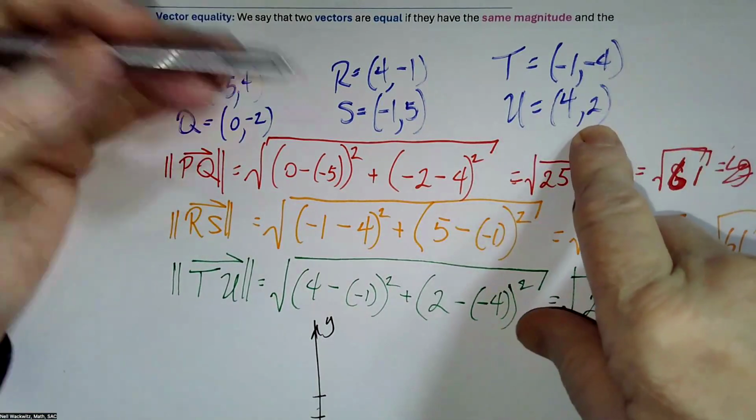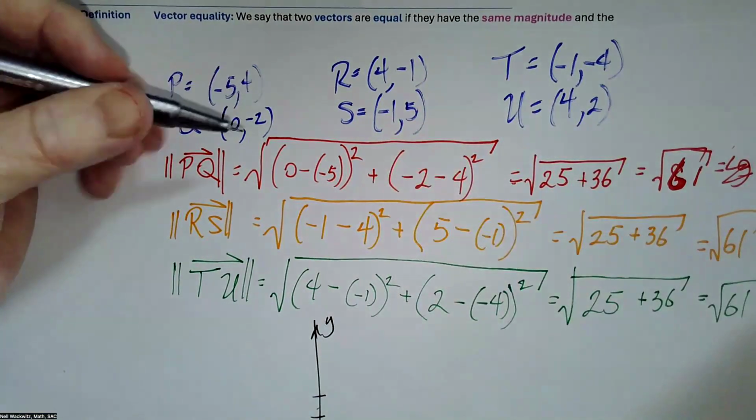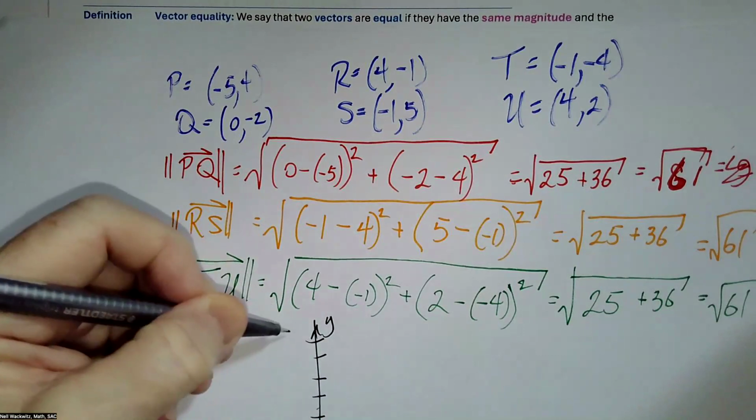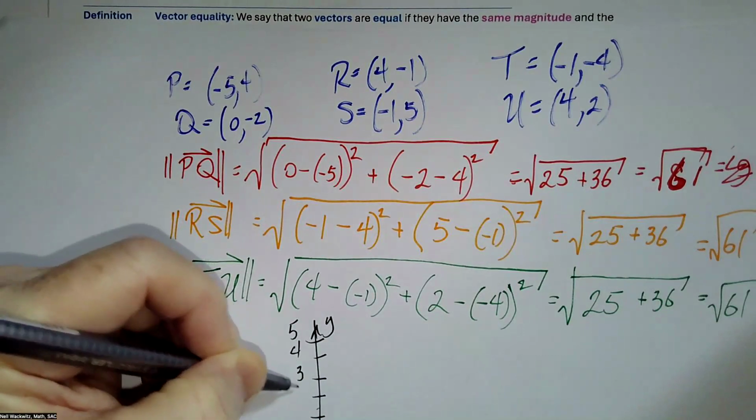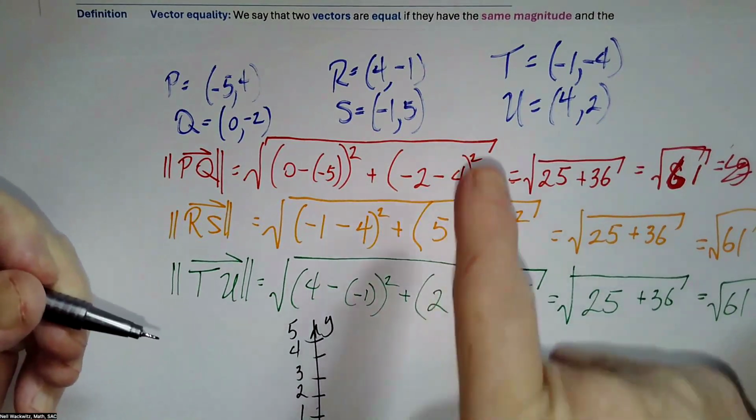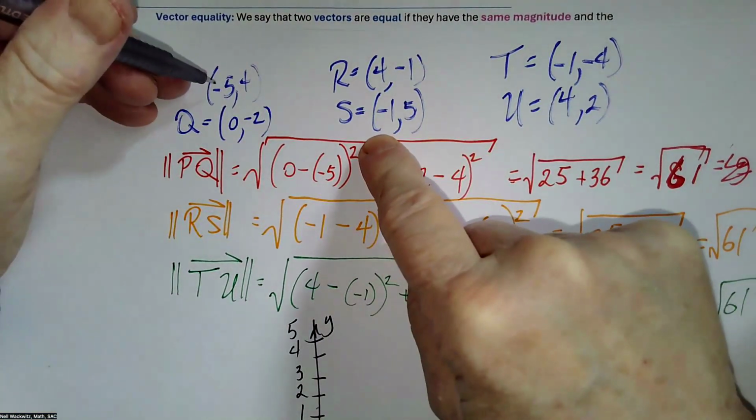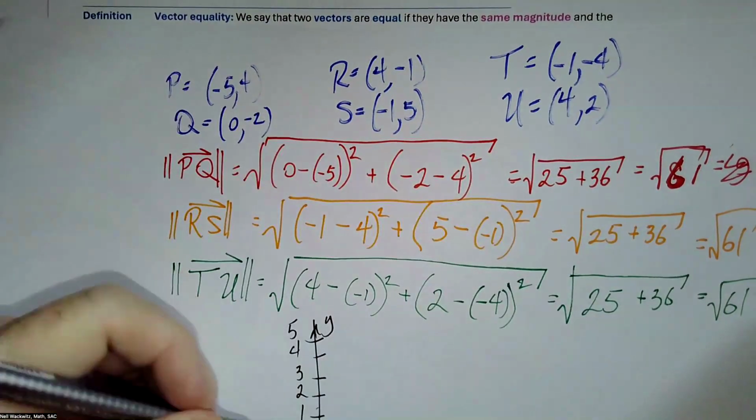In the y direction, we go up to 5. In the negative x direction, we go to -5.